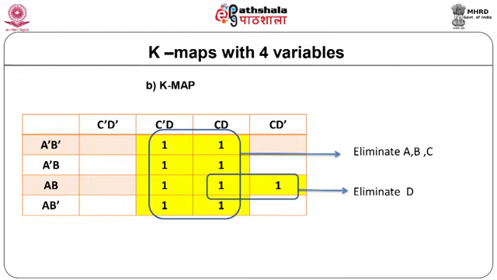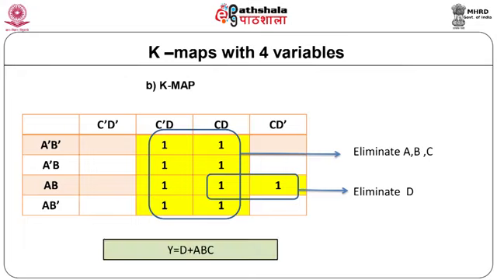From this pair we can eliminate D. So, the simplified Boolean expression contains only 2 terms in place of 9 unsimplified terms. The output is y is equal to D or A B C.